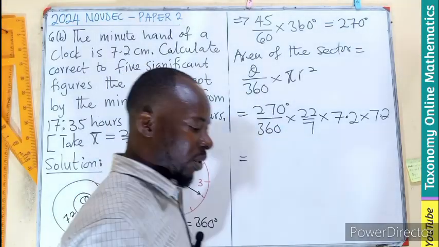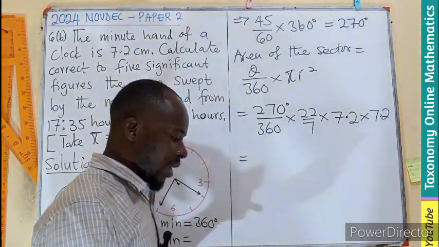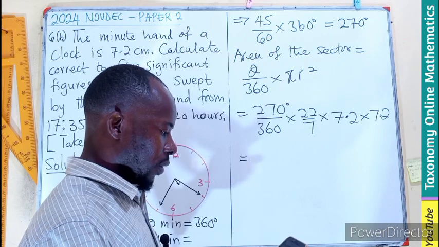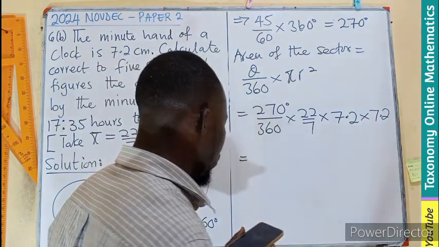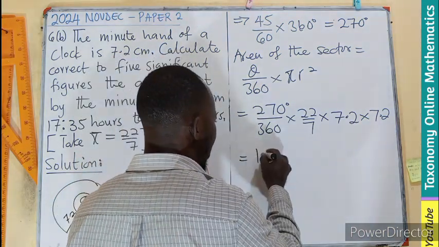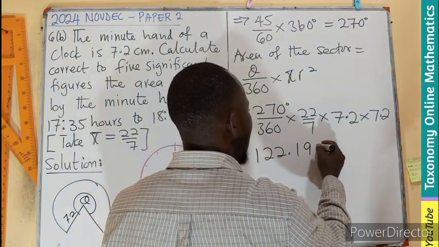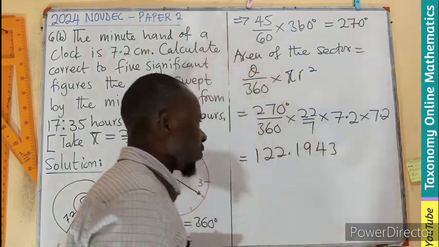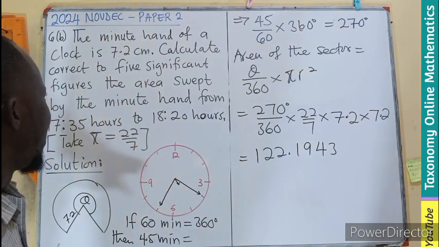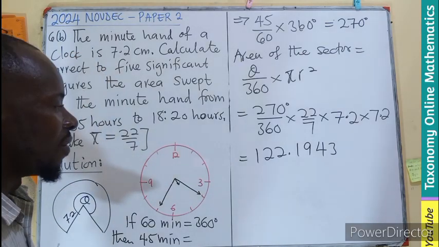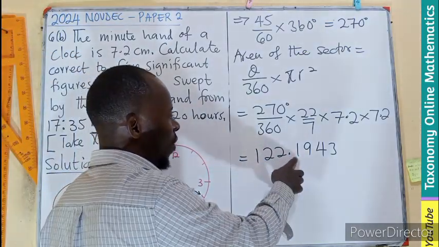We can cancel and multiply, but let's just put it all in a calculator. You should be arriving at 122.1943, something like this. But we are leaving our answer in 5 significant figures: 1, 2, 3, 4, 5.